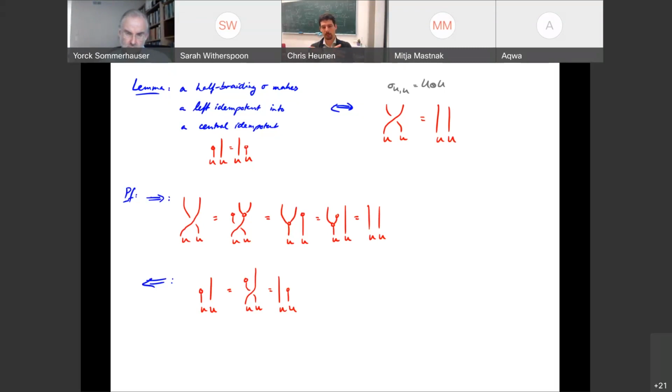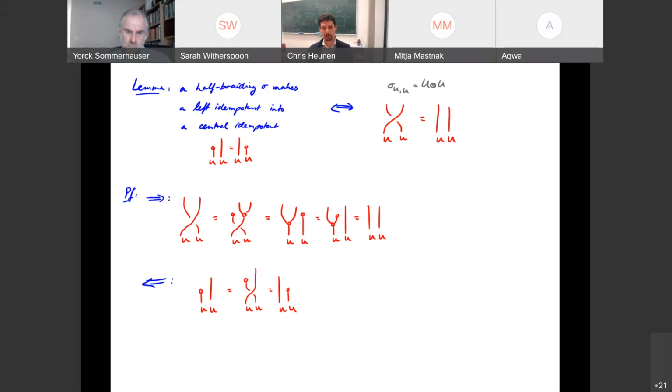Then I use the naturality of the braiding to straighten the two things out. So now I'm copying the left and forgetting about the right. Then you use the central property that says if you have two copies of u, forgetting about one is the same as forgetting about the other. But now you do nothing on the right copy, you copy the left and forget about one copy. That's the same as doing nothing. So that proves left going to right.